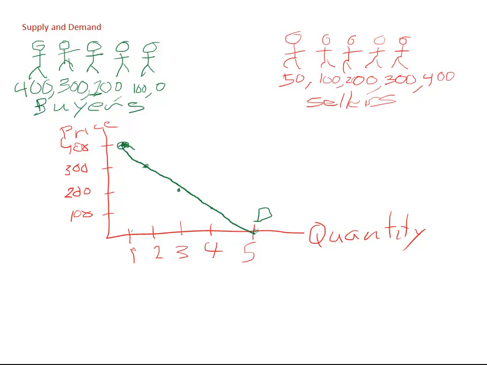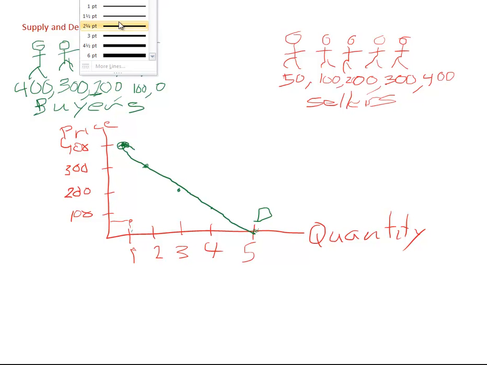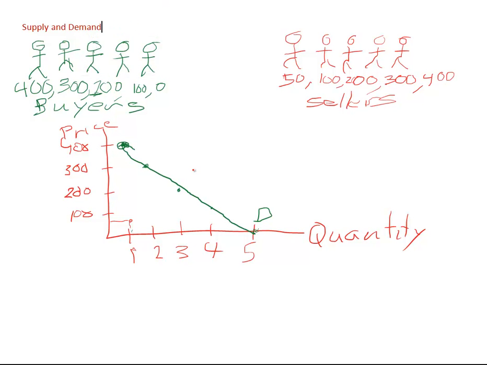Our red line. So the first one says, I'm not going to do it, got to give me $50. So there's 50. And we're going to make this line a little bit thicker, just to make it easier to see. So for 100, we have 2.